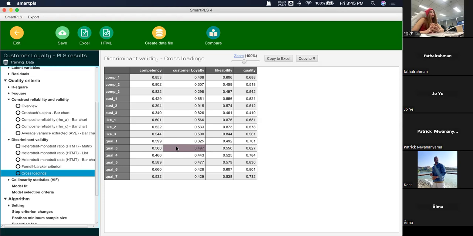At this point, any question? My question is, to measure the discriminant validity, is it possible to use all of them: the heterotrait-monotrait ratio, the Fornell and Larcker criterion, and the cross-loading?